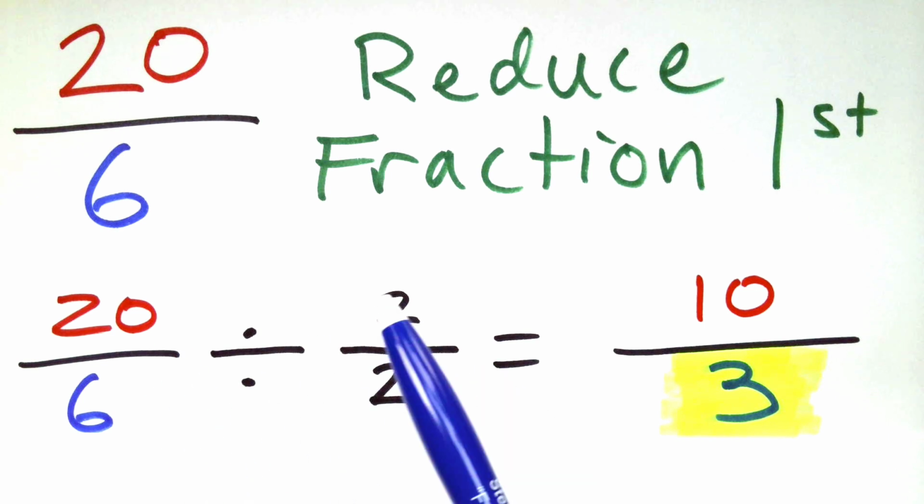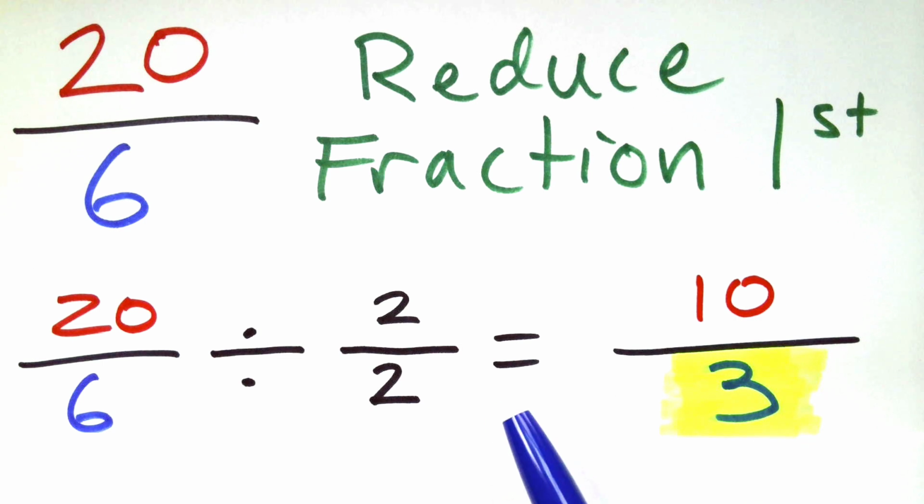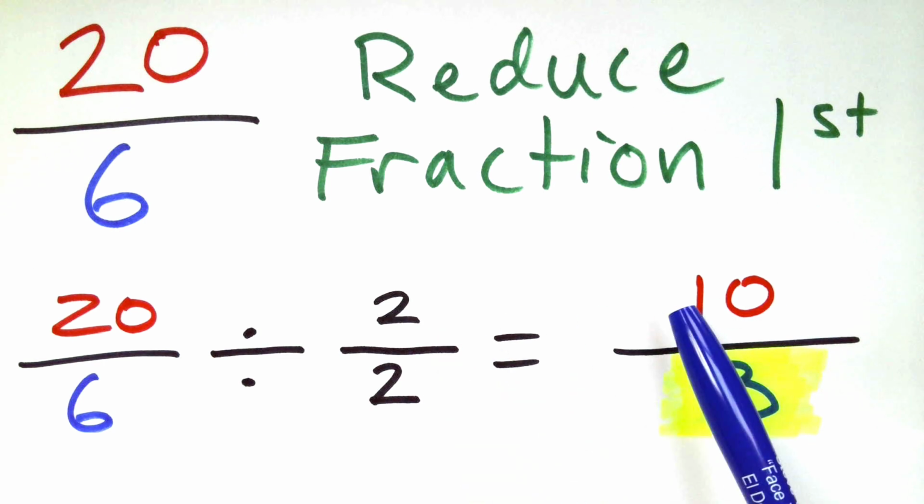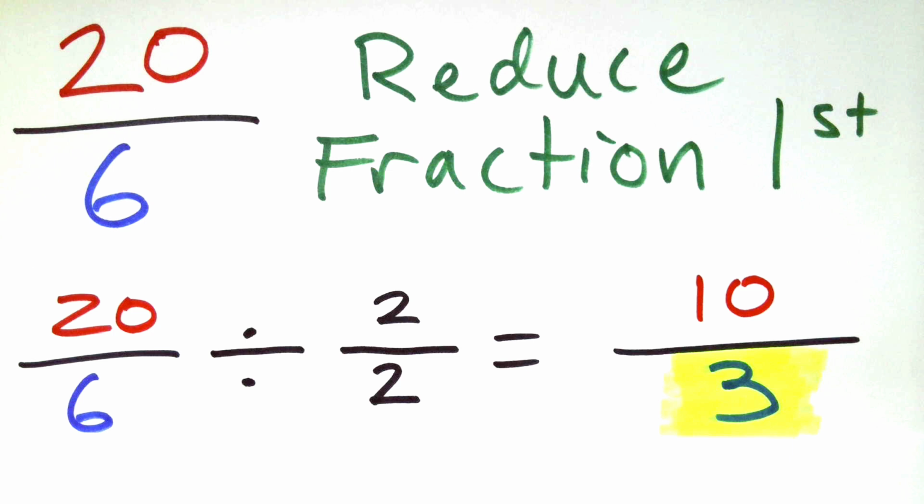So 20 divided by 2 equals 10. Why? Because I know that 2 times 10 equals 20. 6 divided by 2 is 3. Why? Because I know 2 times 3 equals 6. So multiplying and dividing are inverse operations of each other. The better you get at multiplying, the better you're going to get at dividing.